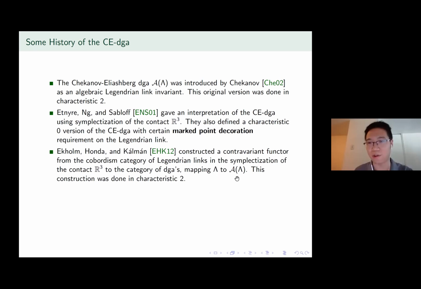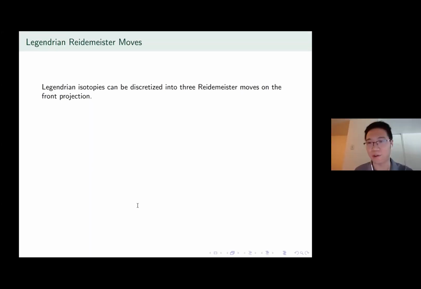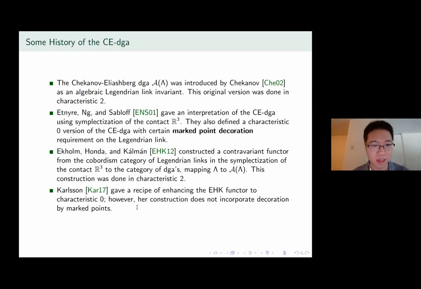However, in their paper, they did the construction in characteristic 2 with plane curves, plane links. So in our project, we actually enhanced the EHK functor to characteristic 0 together with decoration. So we have to include the decoration in it, and it's a very important part of our story.